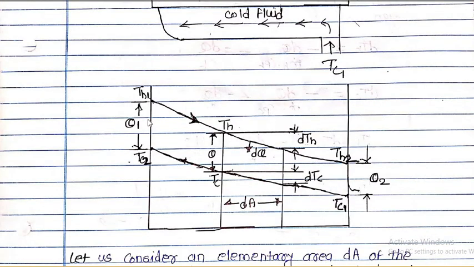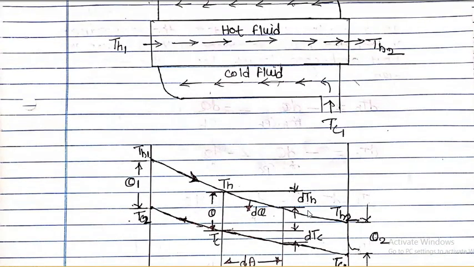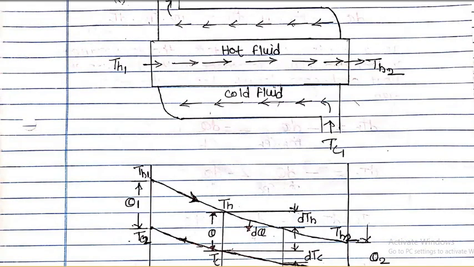On the y-axis we have considered the temperatures, and on the x-axis we have considered the surface area or the heating area. On this side, at the entry of the hot fluid, TH1 is the temperature, so the same temperature we have put over here on the y-axis, TH1.